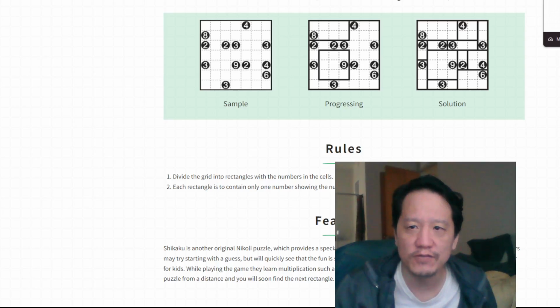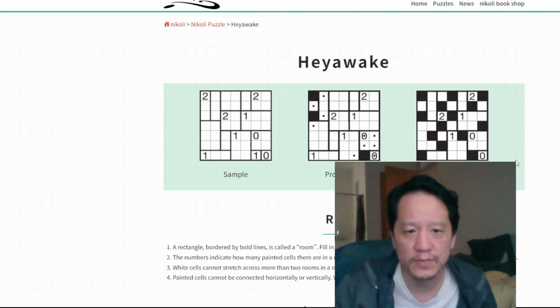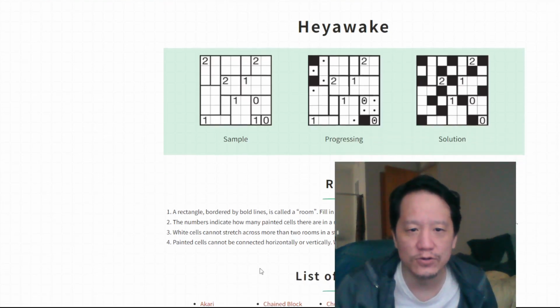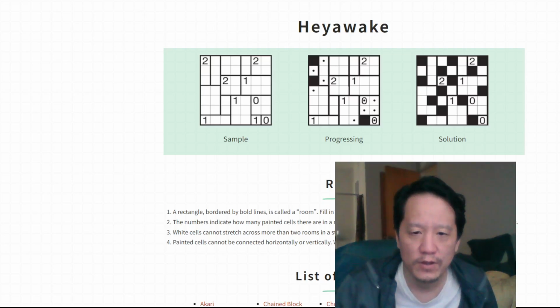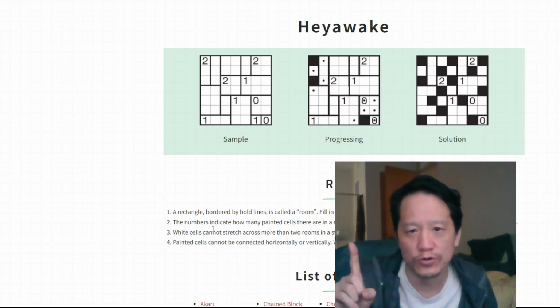We also have, combined with that, Heiawake rules, where a rectangle bordered by bold lines is called a room. Fill in cells under the following rules. The numbers indicate how many painted cells there are in a room.